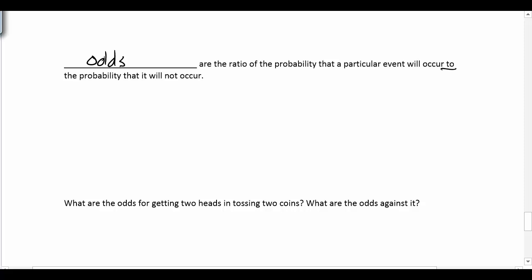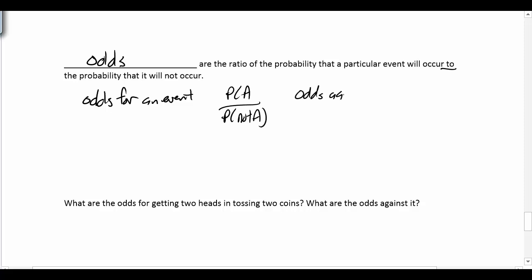So we have the odds for an event, which is the probability of A over the probability of not A. We have odds against, and it's just the reverse of that. So probability of not A over probability of A. Again, it's just a fraction that we're using.